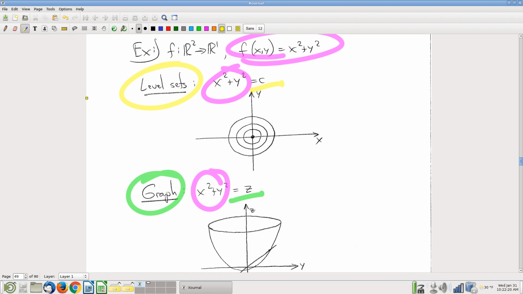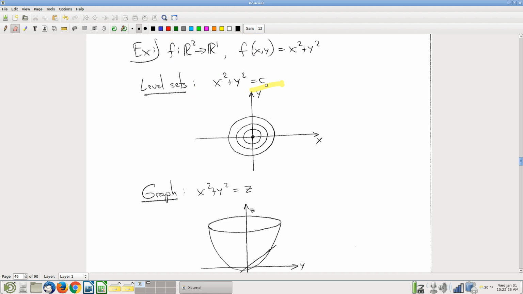You get different equations, therefore different pictures. But the very nice connection between them is that cross sections of the graph correspond very nicely to level sets. So, something to think about.